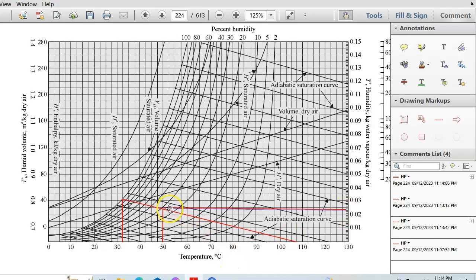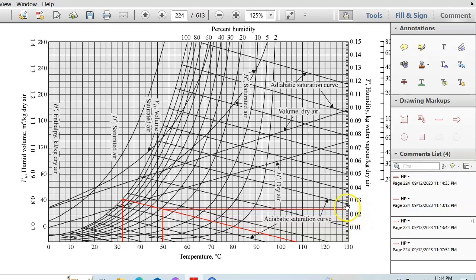Then from that point we draw a straight line that meets the y-axis, humidity Y dash, absolute humidity. We get the absolute humidity as around 0.024.